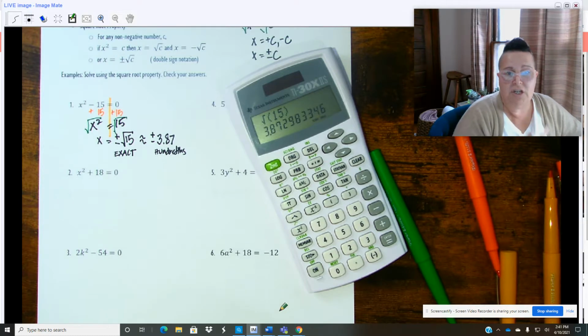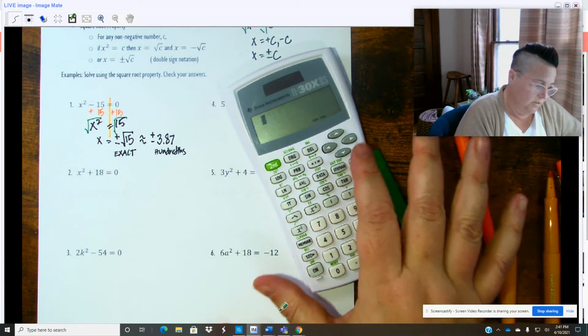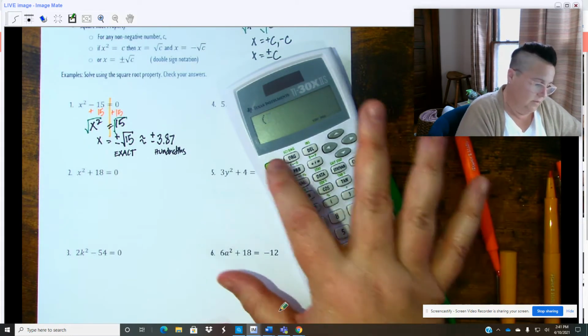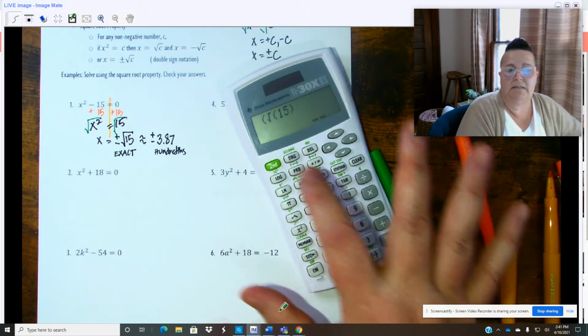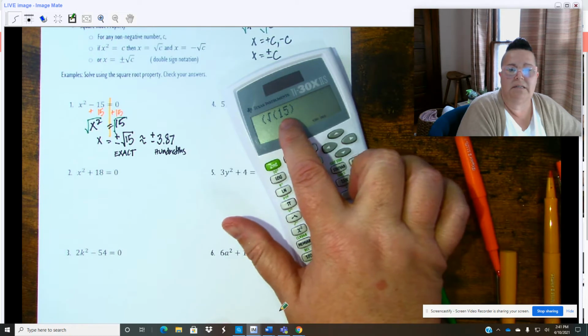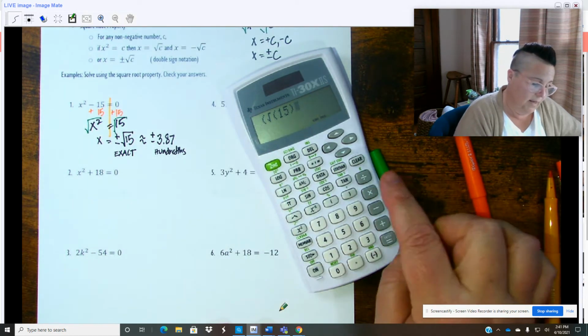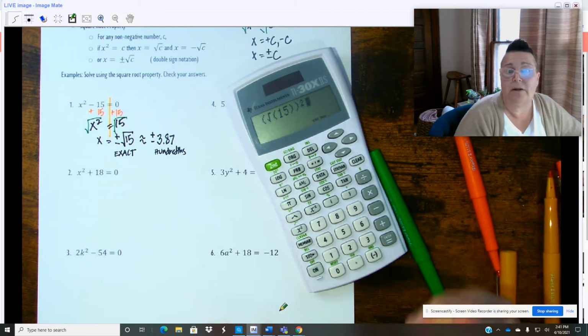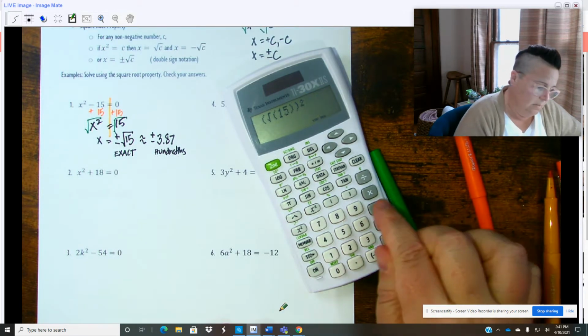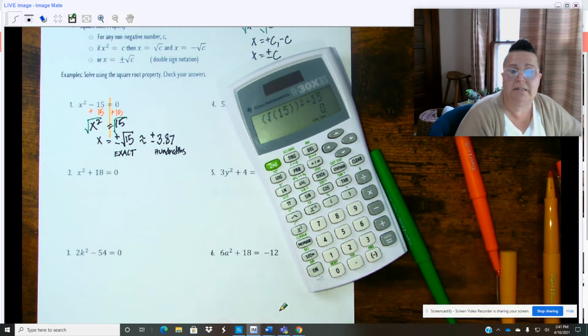But if I'm going to check this one, I am going to open parentheses, do second square root 15, close parentheses. That closes the parentheses inside. Now I have to close the one that I opened and square that, because I want to square the square root, and minus 15, and I should get 0.